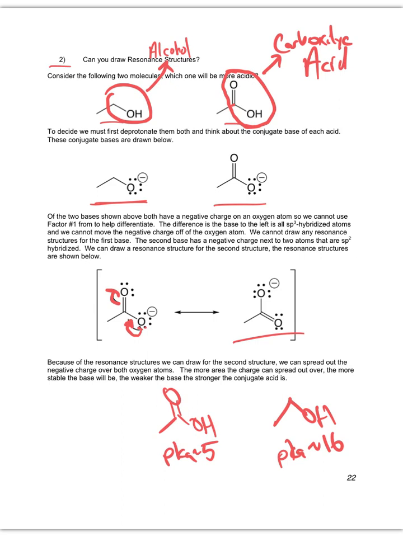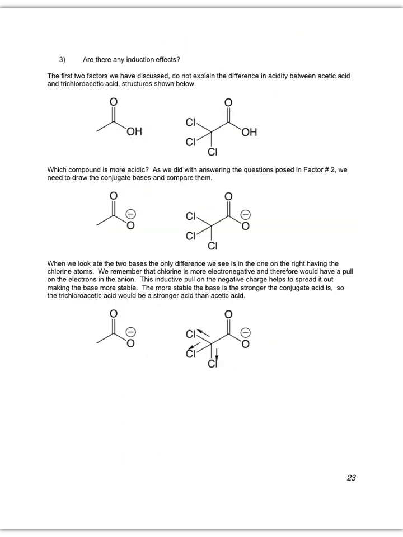Okay, it's roughly half that because we can now do resonance structures for it. Being able to draw resonance structures for the conjugate base, we can spread out the charge a little bit, make it more stable. So the more stable it is, the more acidic the conjugate acid is. Okay, so that second factor is, can we draw resonance structures of the conjugate base?